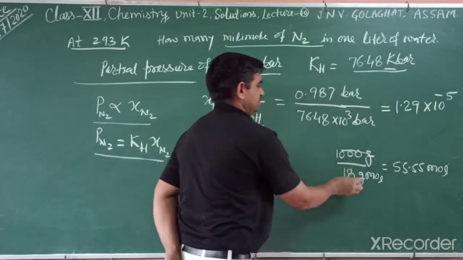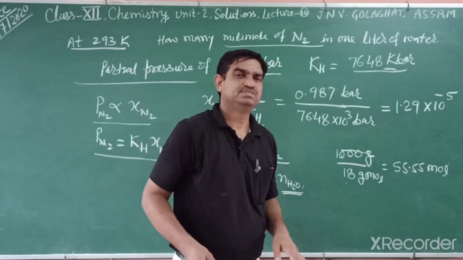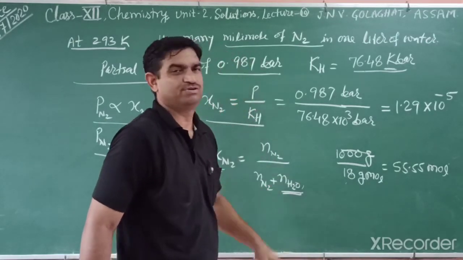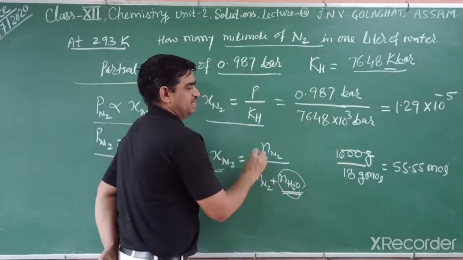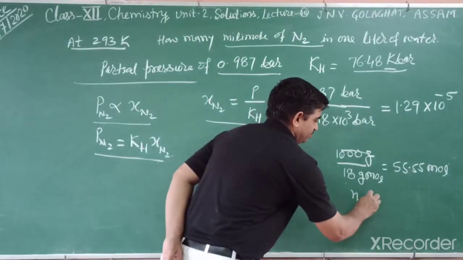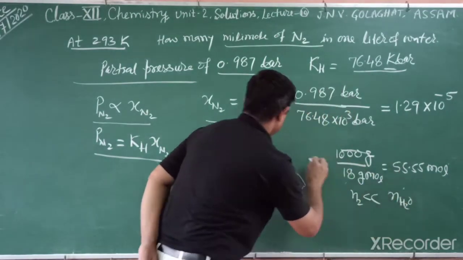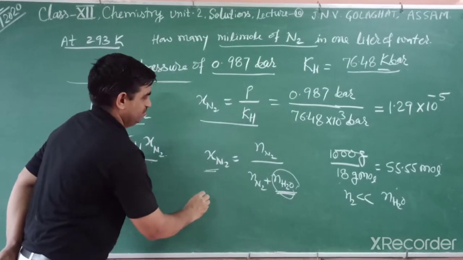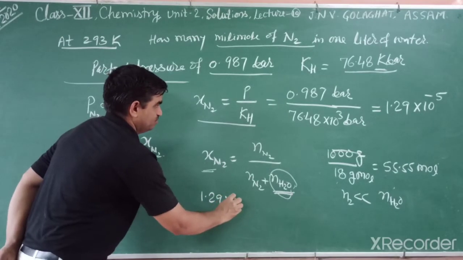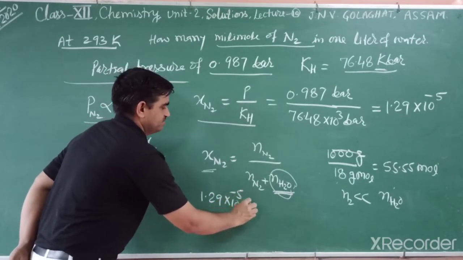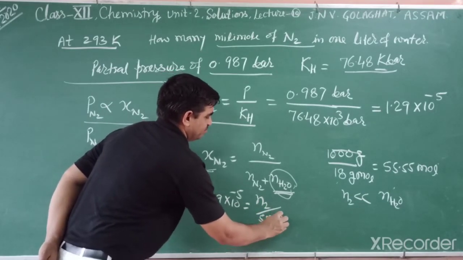The nitrogen value in the denominator we can ignore, because compared with water it is very, very small. So 1.29 into 10 to the power minus 5 is equal to N2 divided by 55.55.